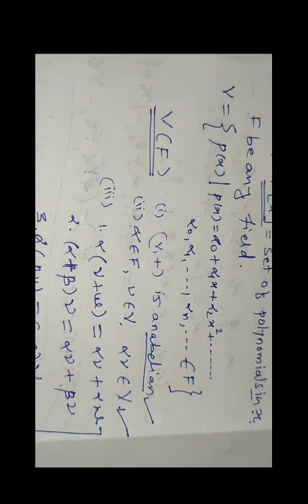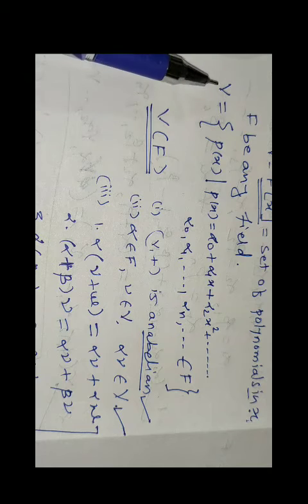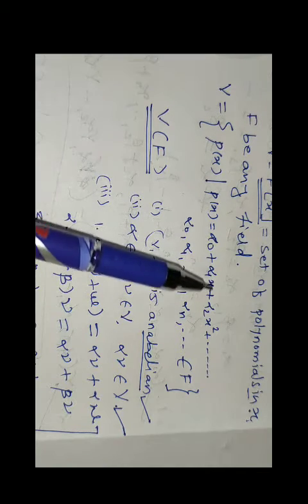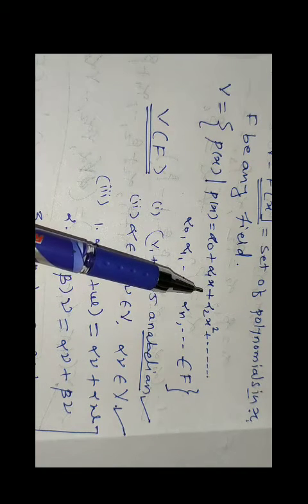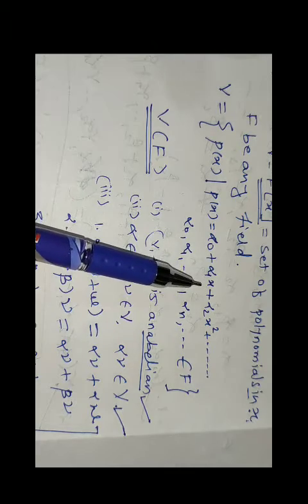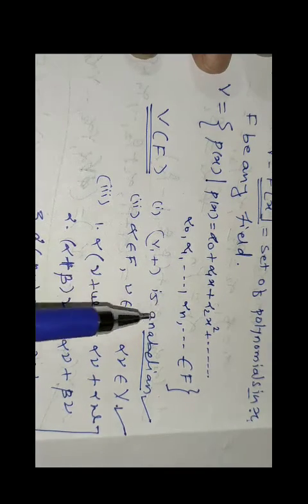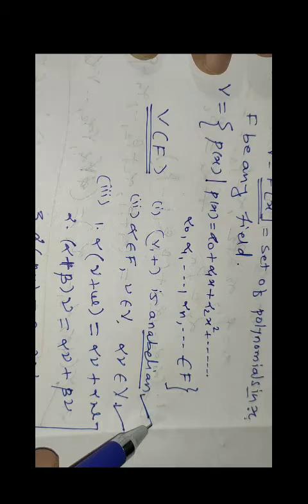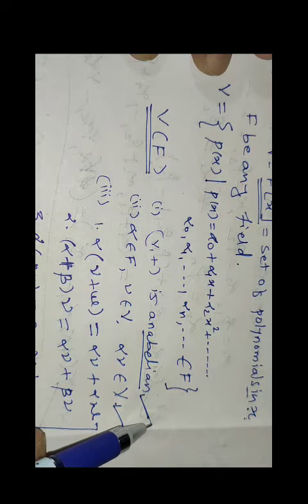So see here, this is a vector space V of polynomials. The set of polynomials is 100% abelian with respect to plus, because the addition of two polynomials is again a polynomial.